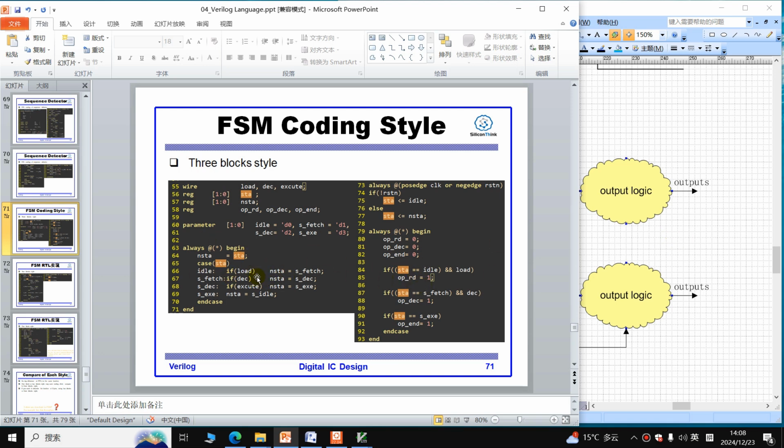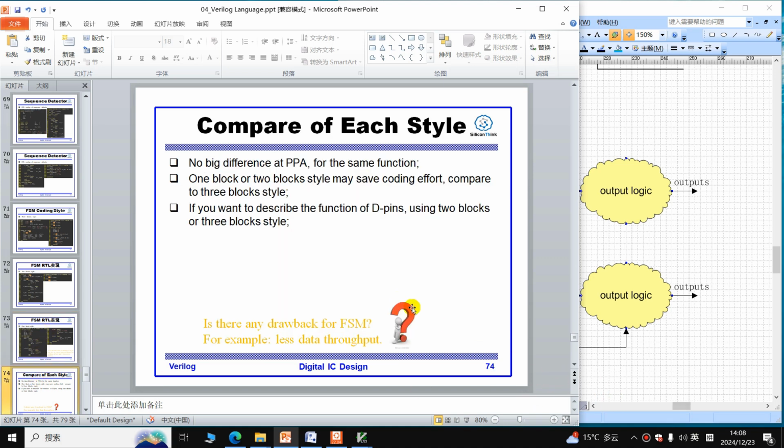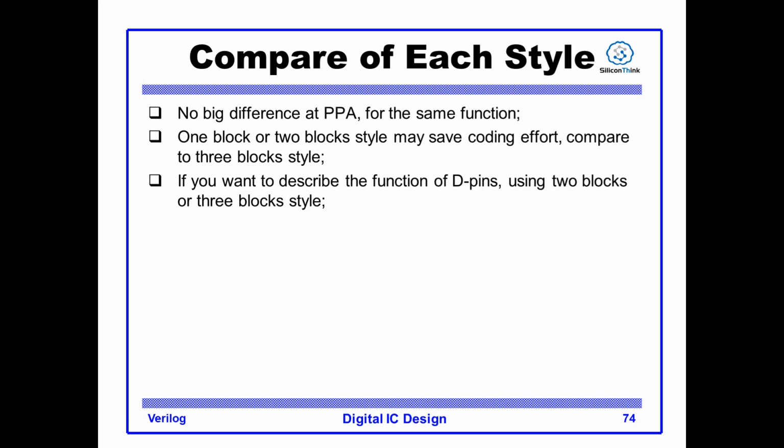So if you just choose to write in 2 blocks or 1 block, you will save some code here. But this is just the coding effort, okay? You didn't save any area.